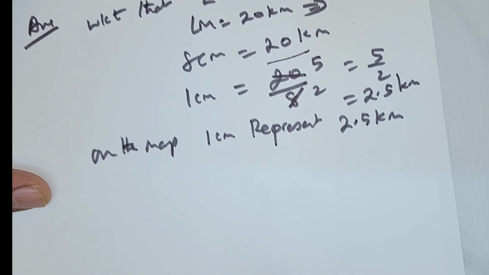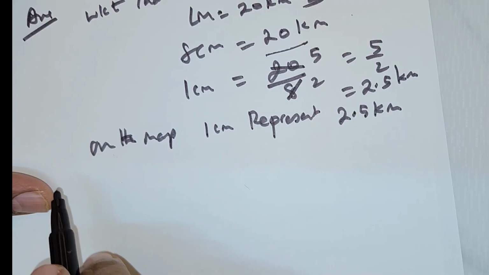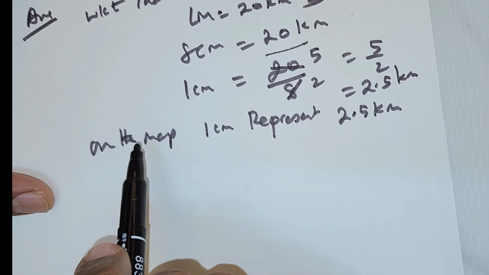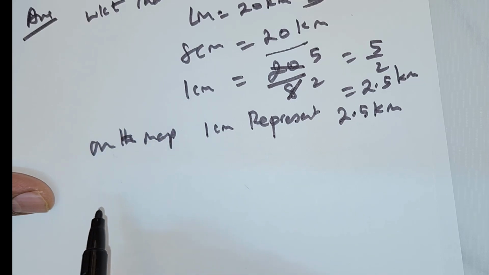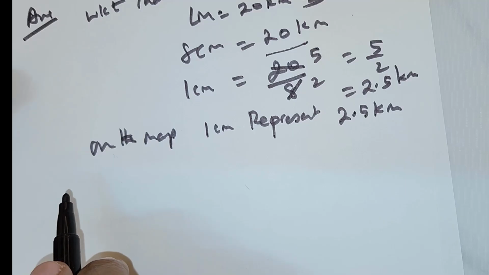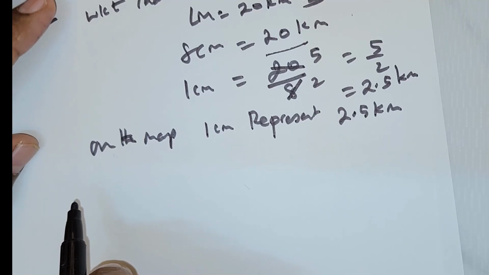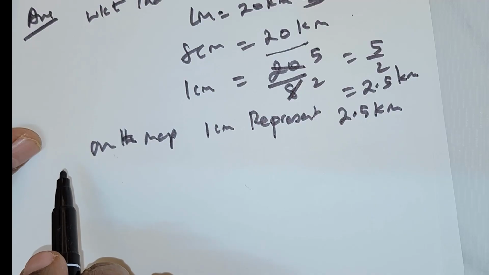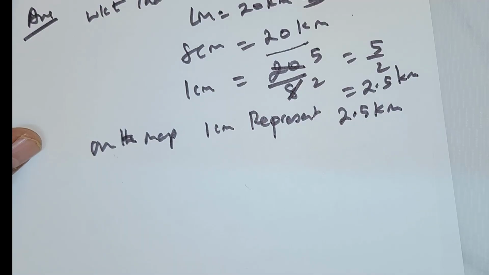So on the map, what is happening? We are actually reducing the distance so that we can visualize the actual reality in a dimension that can be easily represented on the map.